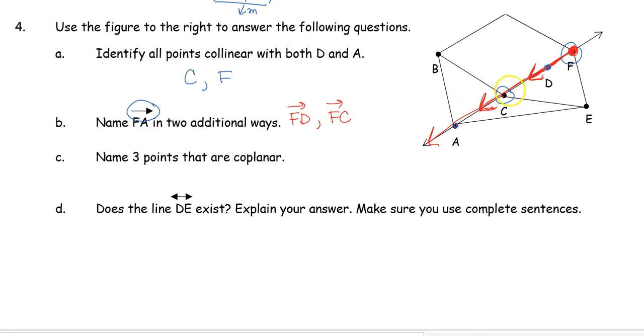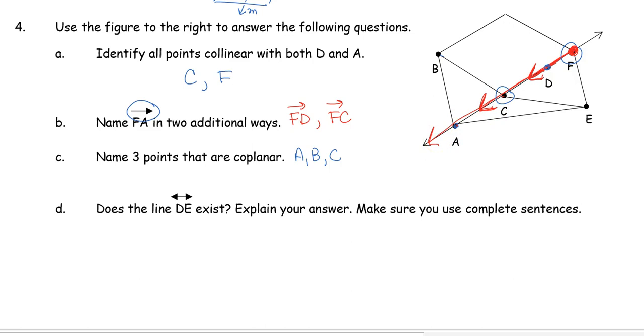So I can't pick A, C, and D because A, C, and D are in a straight line, but I could pick A, B, C. I could pick F, E, D, or D, E, C, or C, E, A. So there's limitless options here on what I can pick. That's not true, not limitless. There's a certain number that I can pick. They just can't be on the actual same line.